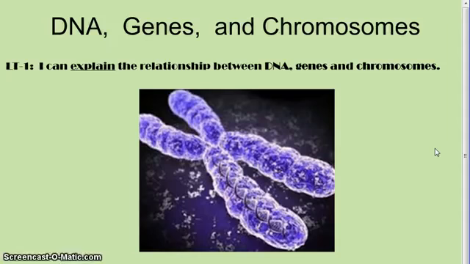Nucleic acids, more commonly known to you right now as DNA, although you'll learn about more of them as we go through the trimester, are important. Understanding them is important for the rest of the units that we're going to be covering. So you'll want to get a good handle on this right now.